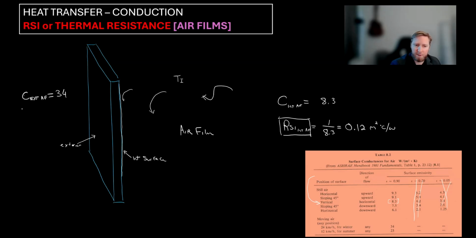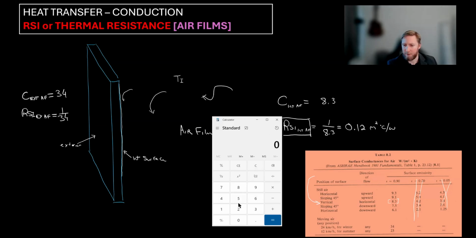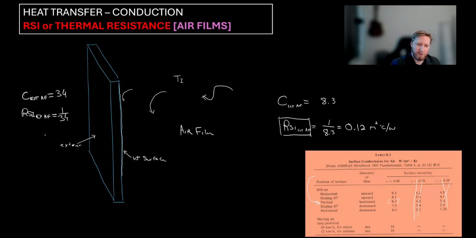Well, to find the RSI of the exterior air film, it's going to be equal to 1 divided by 34, and that is equal to 0.029 or 0.03. Okay, so that's the RSI for the exterior air film.